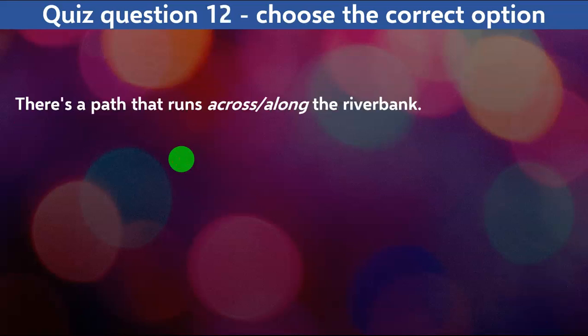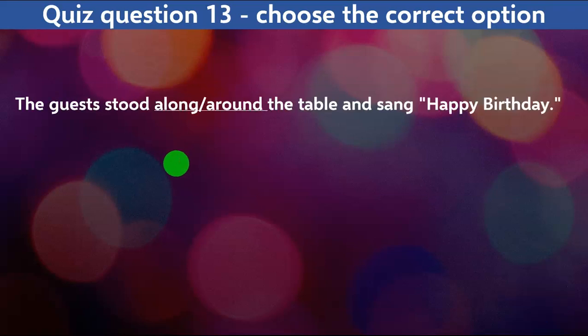Number 12 coming up. There is a path that runs across or along the river bank. Alright, the correct answer is along the river bank. Sorry about that. Question number 13. The guests stood around the table and sang happy birthday.